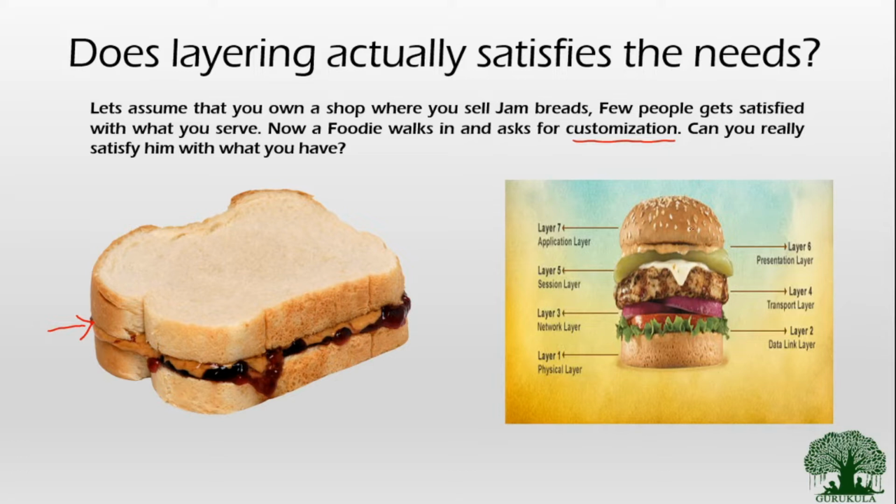Whereas in the burger type of architecture, the first layer and the last layer remain the same, like what we had over here, but we have a hell of a lot of customization options in between the first layer and the last layer. With this layered architecture, we have complete freedom of modifying this particular burger according to the requirement of any foodie.